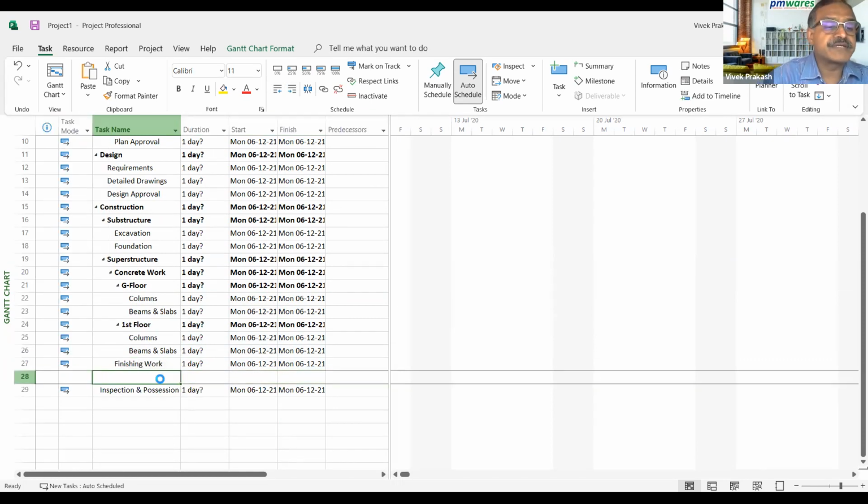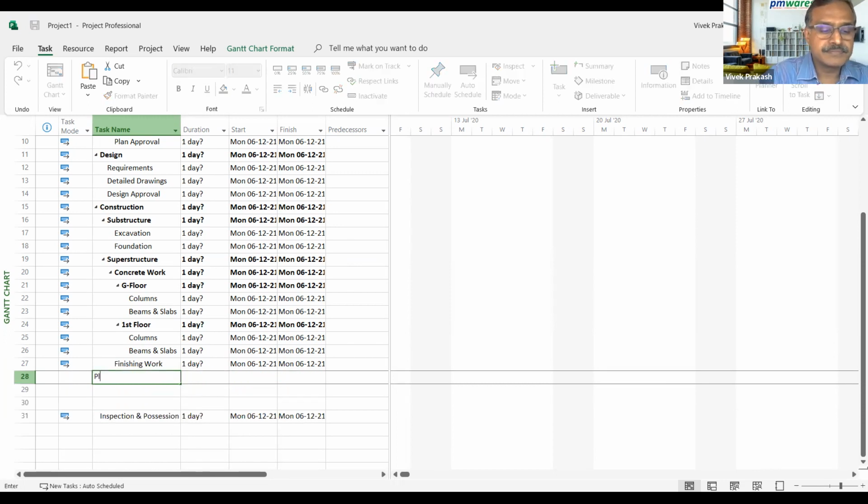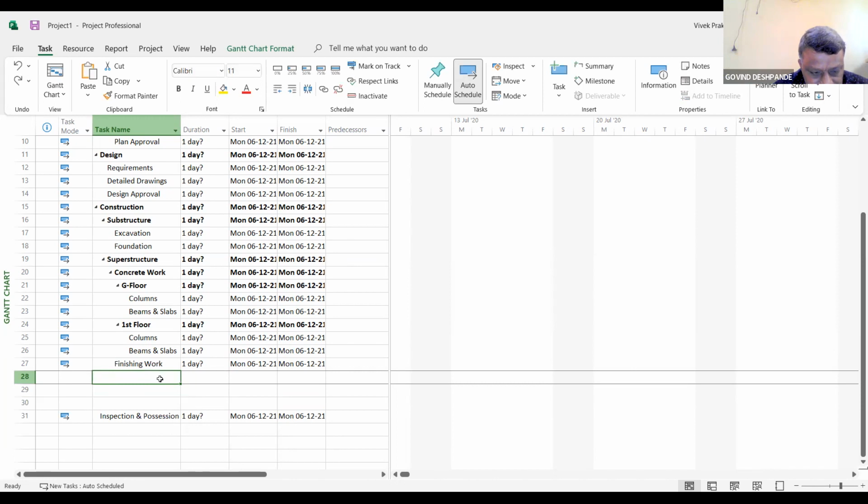Then we talk about finishing work, right? Yes, brickwork, plasters. What is BBM?